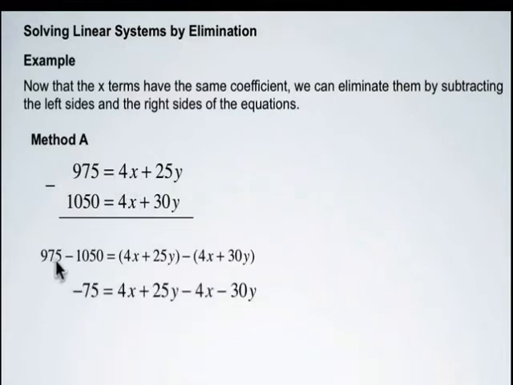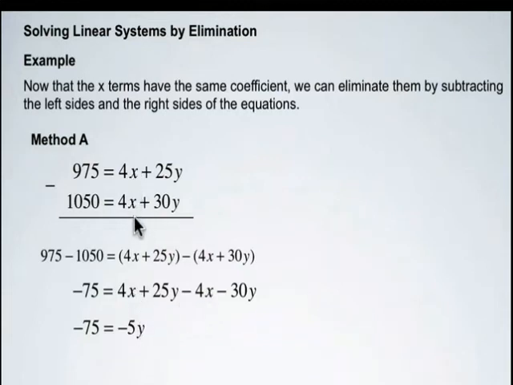Now, 975 minus 1050 is negative 75. And for 4x plus 25y, we're going to drop the brackets, and we're going to distribute the negative through the bracket. So we're going to multiply everything in the bracket by negative 1. So 4x becomes negative 4x, and positive 30y becomes minus 30y. And when we simplify this, the reason this is called elimination, I like to point this out at this stage right here: 4x minus 4x is 0.